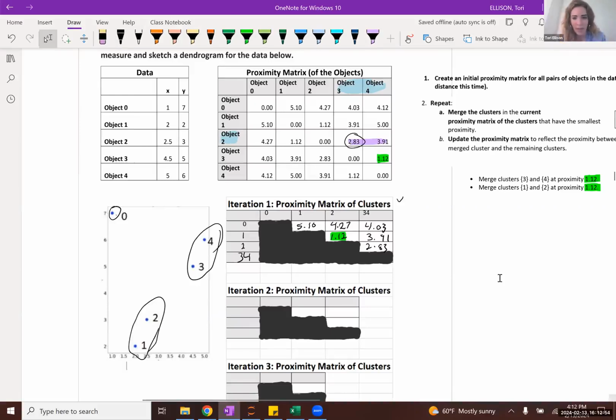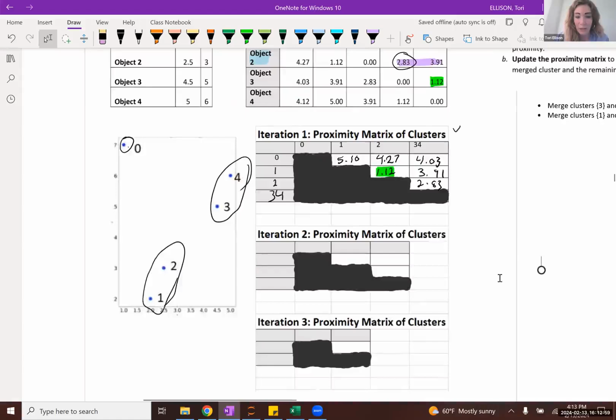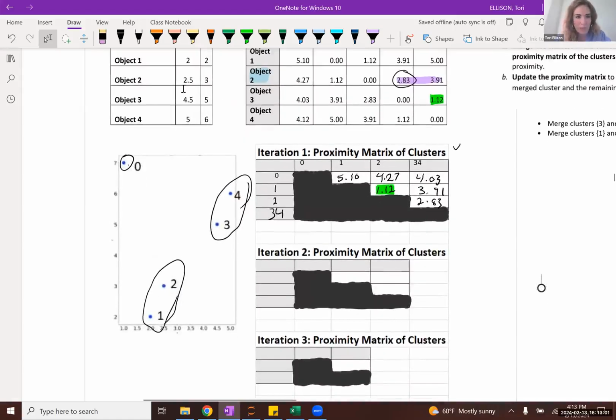And the next step is to update our proximity matrix accordingly. So now we have cluster 0, cluster 1, 2, and cluster 3, 4. Some of this can be repeated.